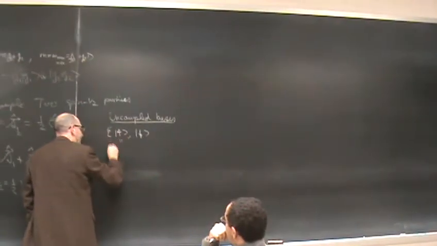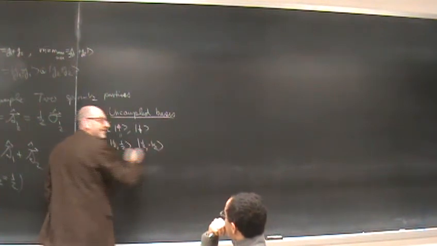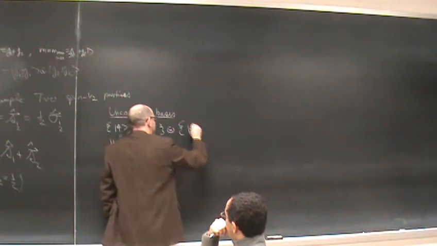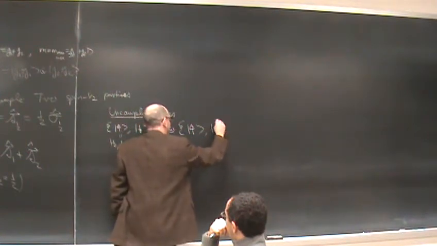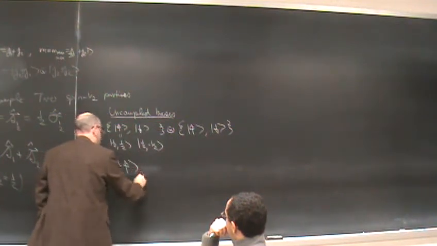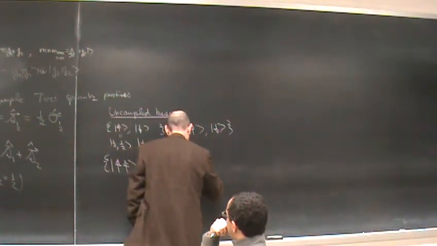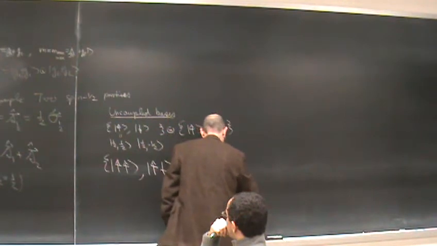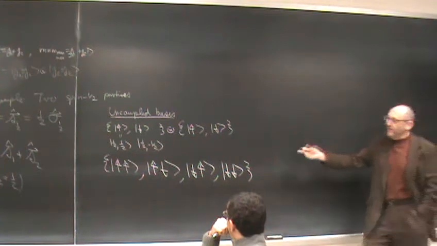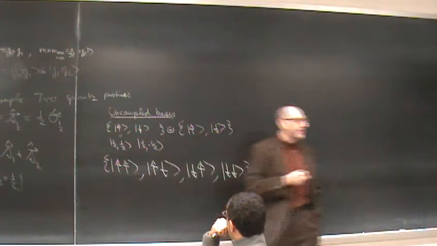This is really the state 1/2, 1/2, and 1/2, minus 1/2, tensor with itself. That's to say, the uncoupled basis is up up, up down, down up, and down down. That's a shorthand for the tensor product of this with itself, the tensor product of this with that, etc. Okay?